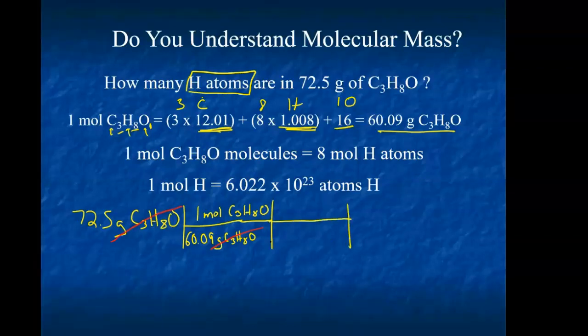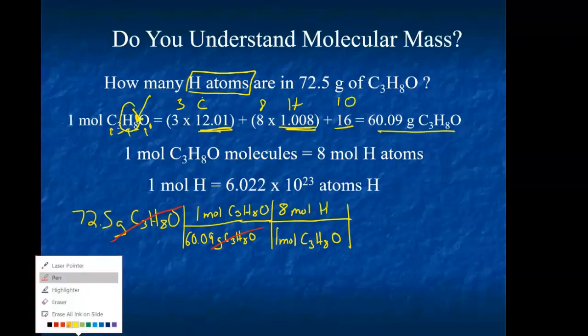Now we can go from moles of C3H8O to atoms, right? So I'm going to say in 1 mole of C3H8O, there are, they ask for hydrogen, there's 8 hydrogens. So there's 8 moles of hydrogen.